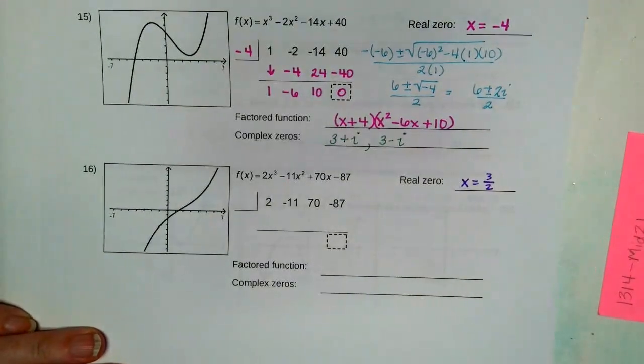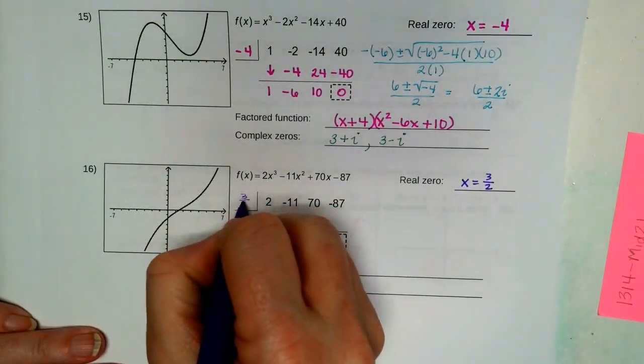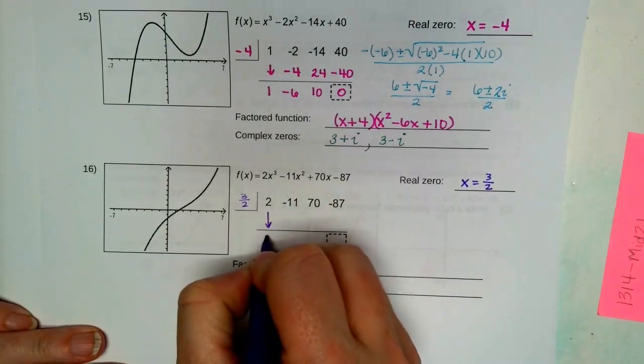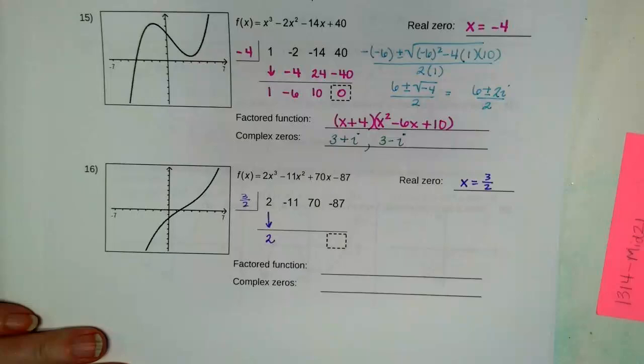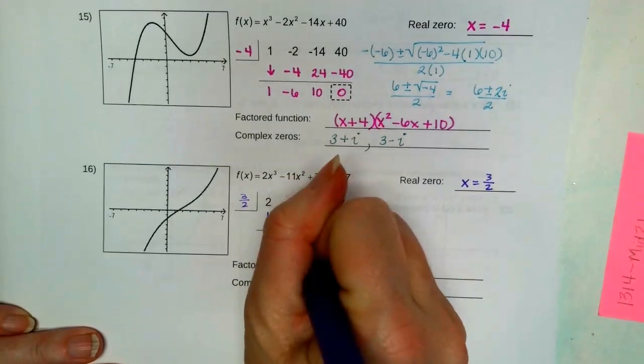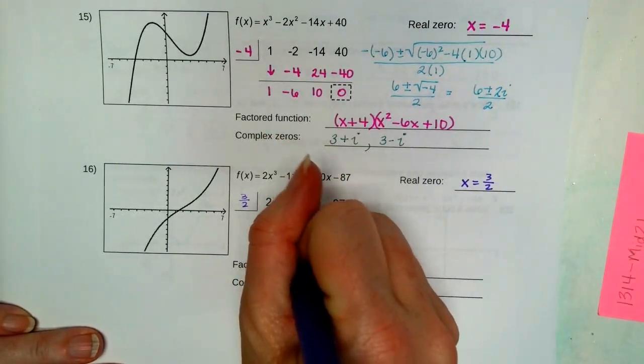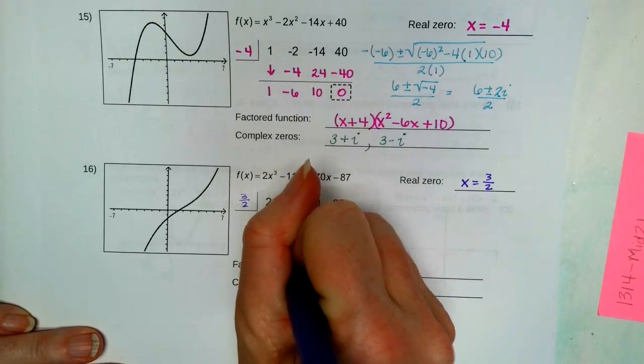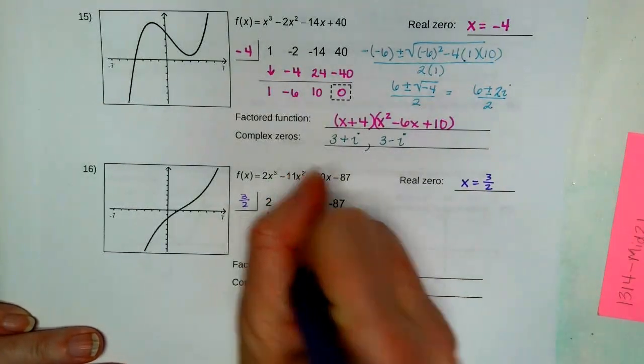So I'm going to synthetically divide with 3/2. So drop the 2. 2 divided by 2 is 1 times 3 is 3. Add straight down. Get negative 8.